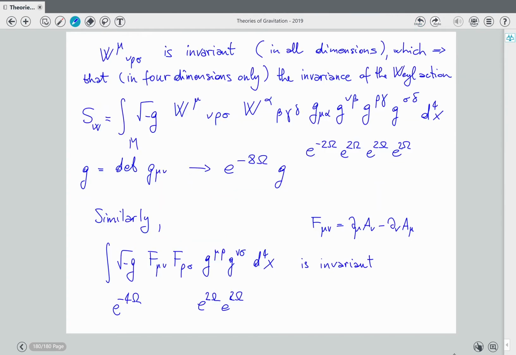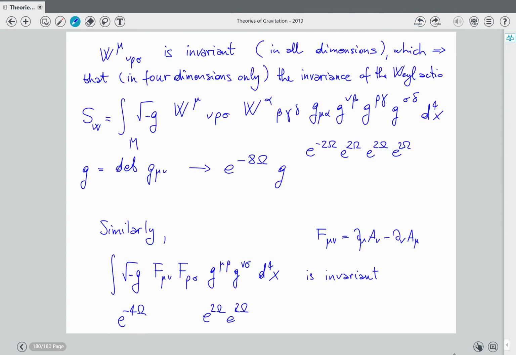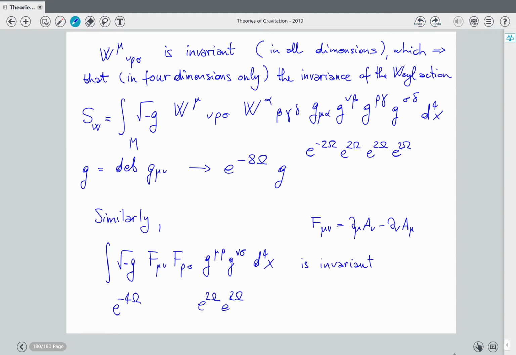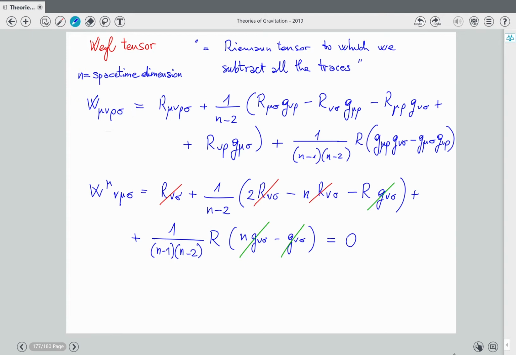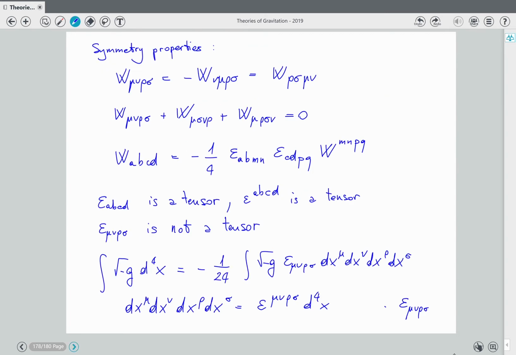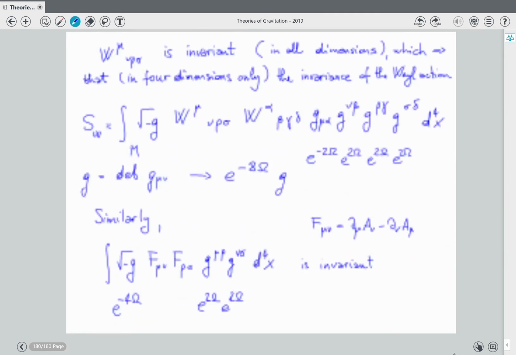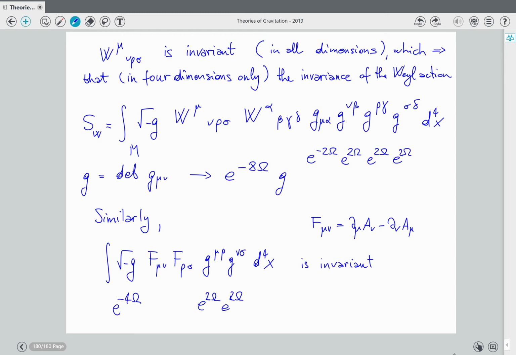So let me write that formula. I invert it actually, so Riemann, and I will specify n equal to 4 dimensions only. We do this. So Riemann is equal to Weil minus 1/2. Well, we'll have to come back here because there are many indices to take care of.